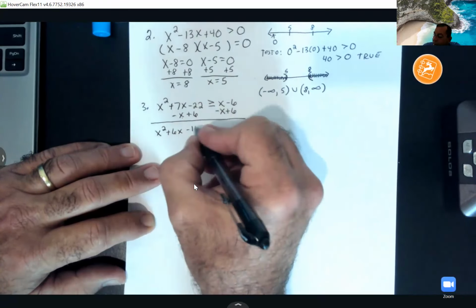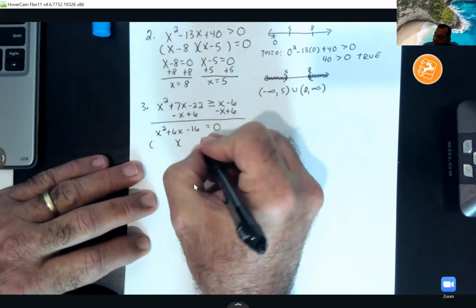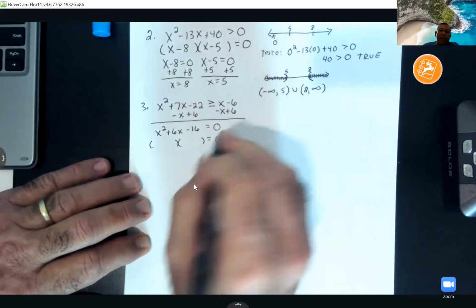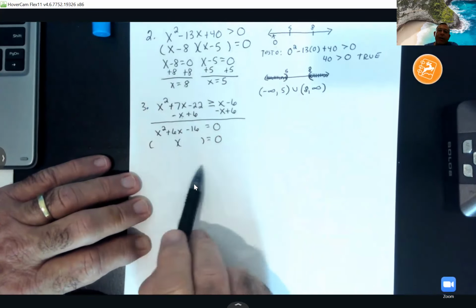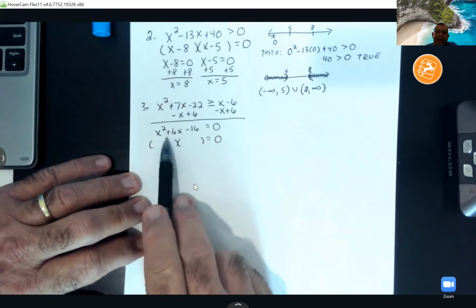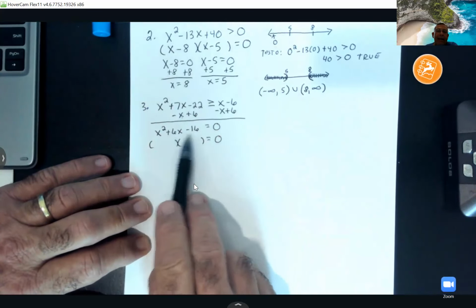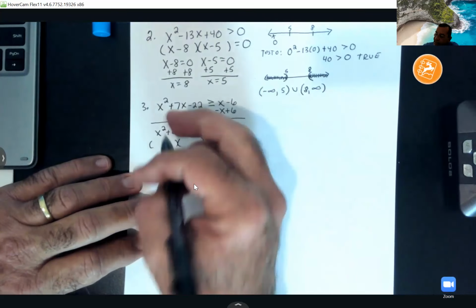Okay, y'all, looks like we get to factor some more. Now remember, if you can't factor this, plug it in y equals and see where this thing's crossing the x-axis. If you can do that, it'll be the same thing as getting the answers I'm going to get from factoring this.